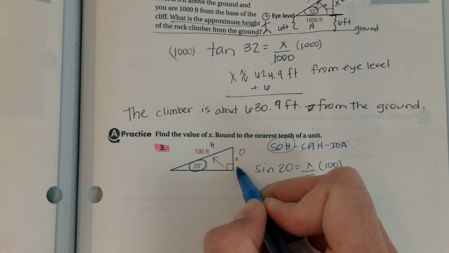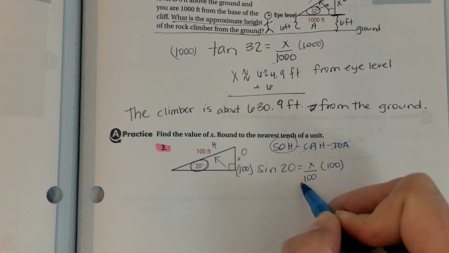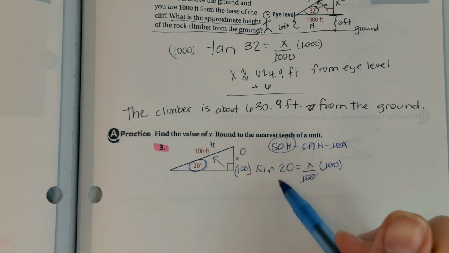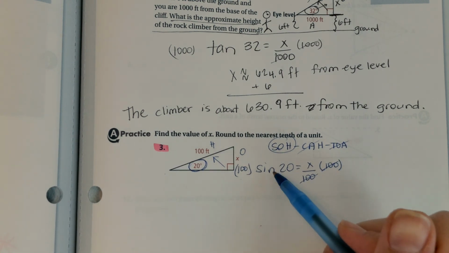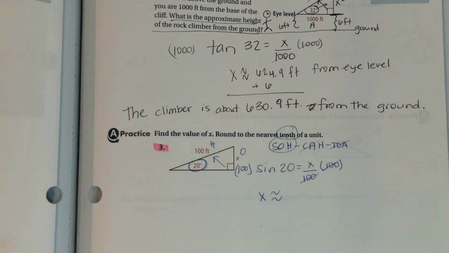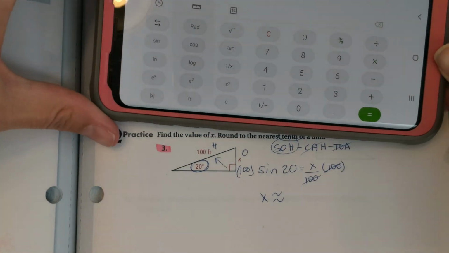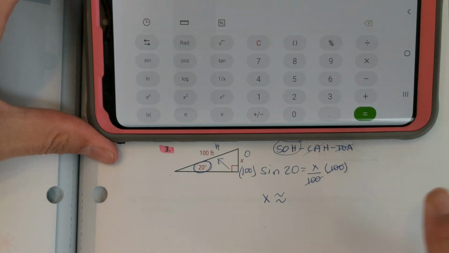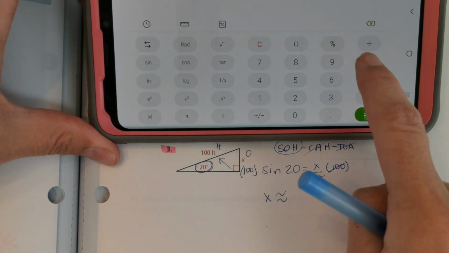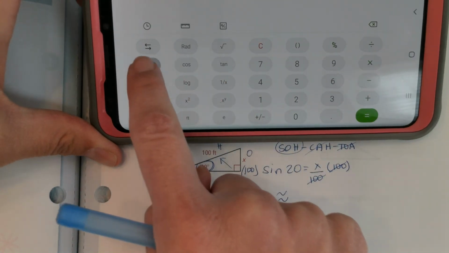I hope you're getting the hang of this. The more times we do it, it should start making more sense. Multiply by 100 to both sides, or you could think of cross multiplying, and we just have to do this one calculation. Oh, it says round to the nearest tenth, so I do want to make sure I'm paying attention to that. So I get my calculator, and remember you can use the Desmos one. And we're going to do 100 times sine 20.